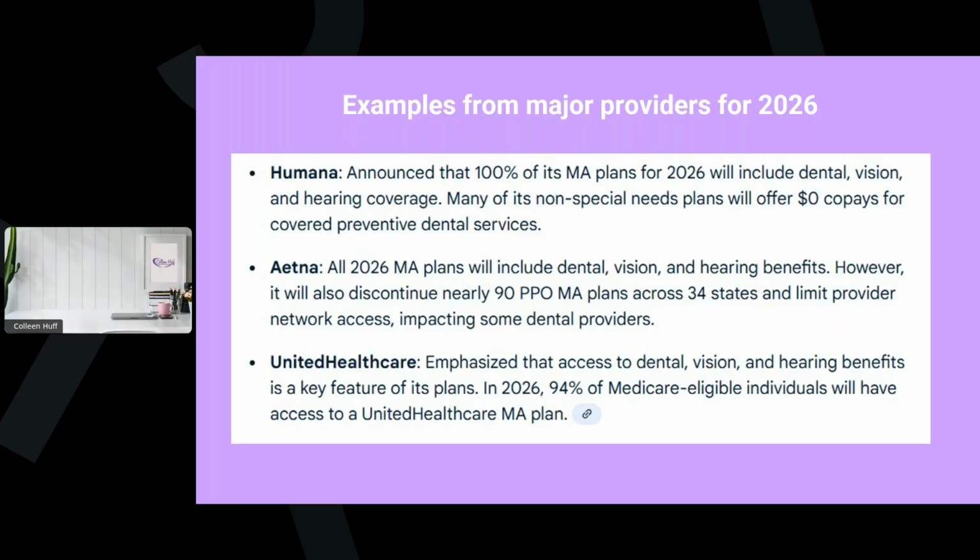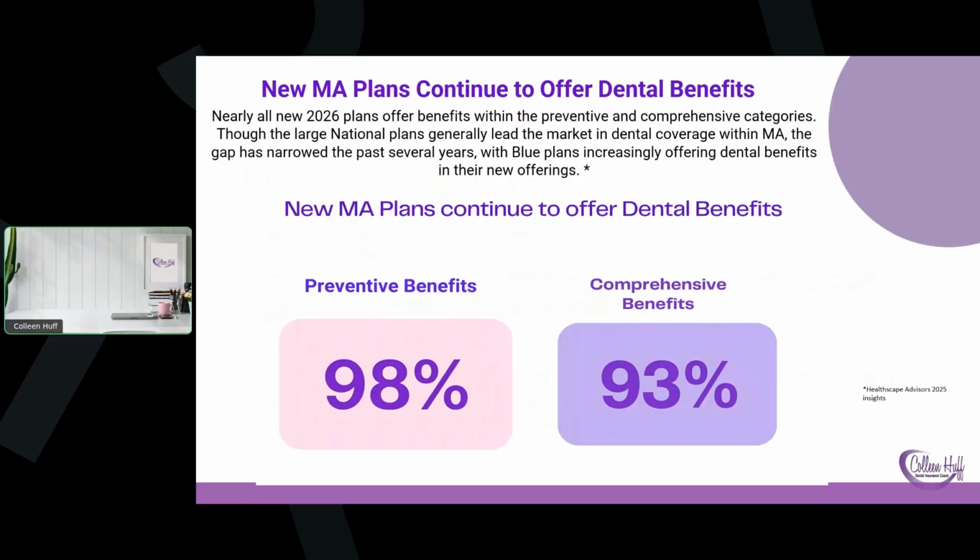United Healthcare emphasized access to dental, vision, and hearing. And in 2026, 94% of all Medicare eligible individuals have access to a United Healthcare Medicare Advantage plan. United Healthcare is the largest across the country, offering in, I don't remember exactly how many counties, but it's most of them. So the plans this year have a slight change.